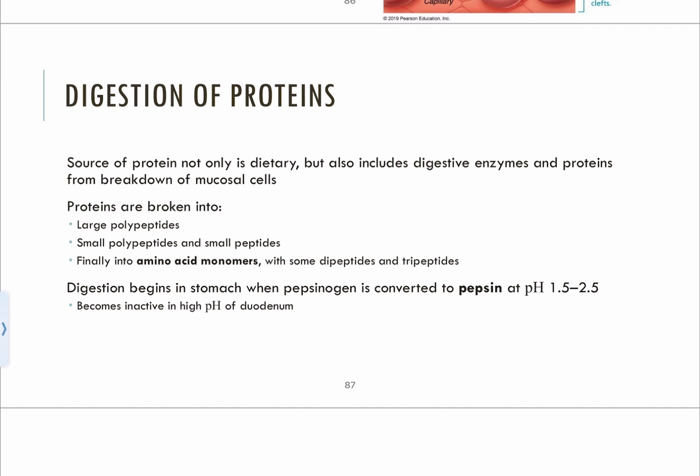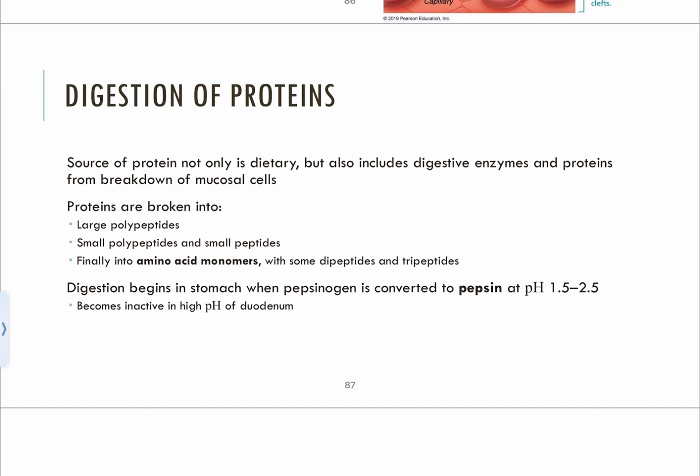Our next macromolecule is proteins. The monomers, or the building blocks of proteins, are amino acids. So we do break down our proteins into what we call large polypeptides, where we still have several amino acids linked together, and then eventually some small polypeptides, and then small peptides, and finally into the monomers that we want.